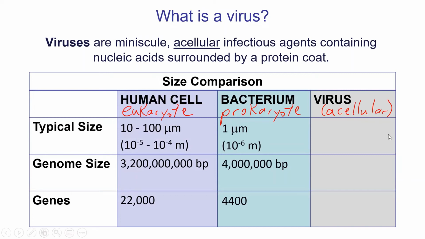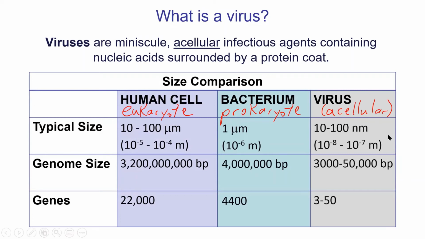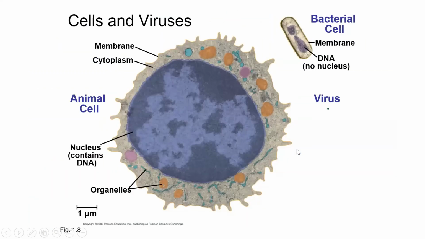A virus is way smaller than that. As I mentioned, the rhinovirus is pretty big at 200 nanometers. Many viruses are much smaller, and a dozen to 24 genes is pretty typical for most viruses. So very, very small things.